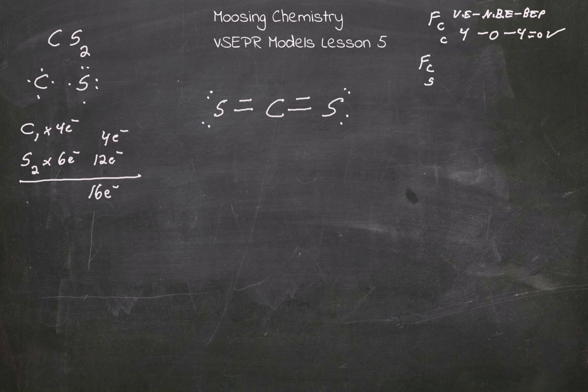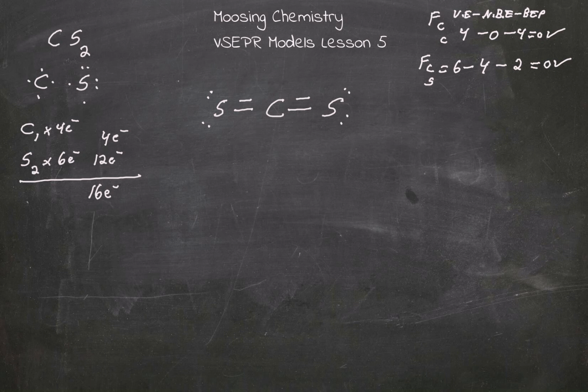We don't have to do both of them because they both look the same. Sulfur has 6 valence electrons coming in, minus 4 non-bonding electrons, because you have 2 here and 2 here that have not been used, and it has 2 bonds right here. This gives me a total of 0 also. So this is the best possible charge.